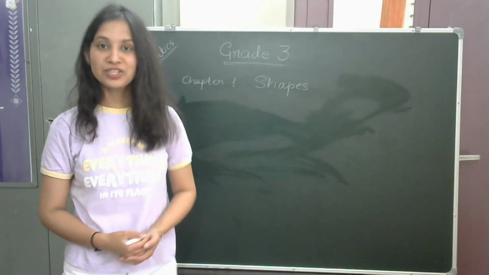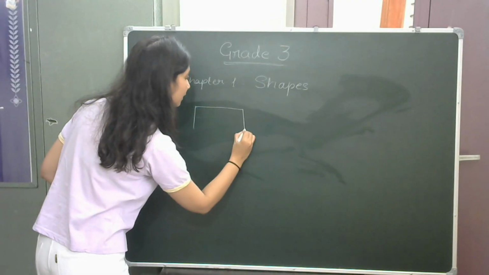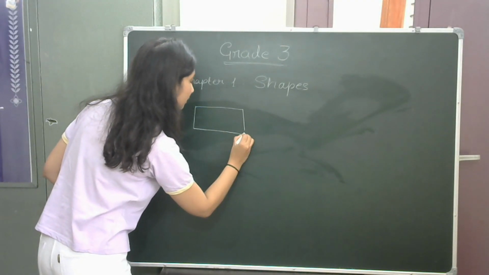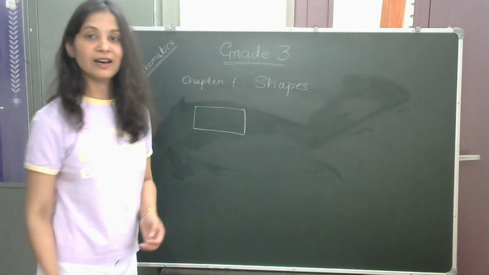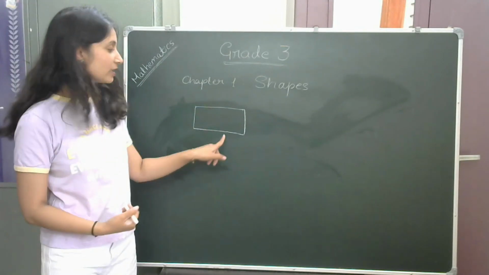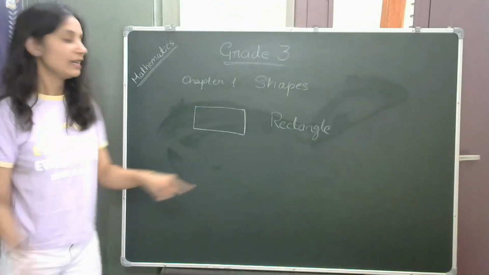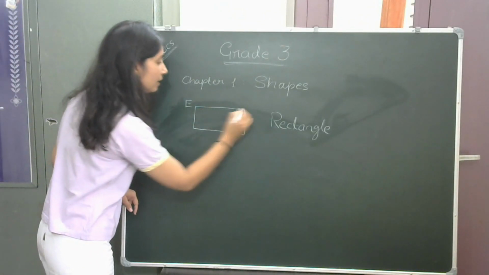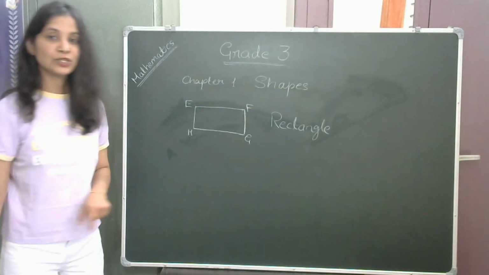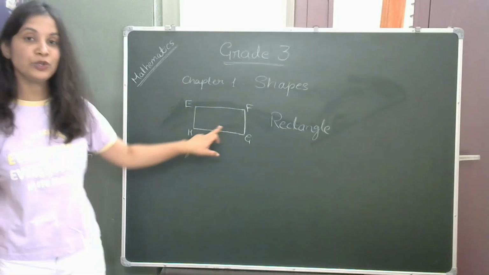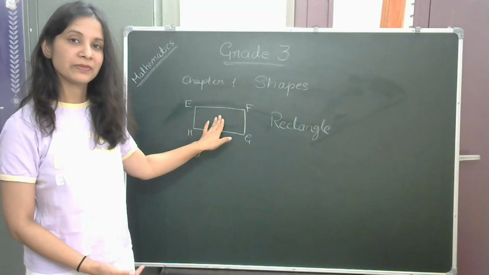Let me draw the second shape we are going to learn today. Can you name this? Yes, it is a rectangle. What is this, children? It is a rectangle. Let me name this: E, F, G, H. Now can you see we have used straight lines to form this shape.